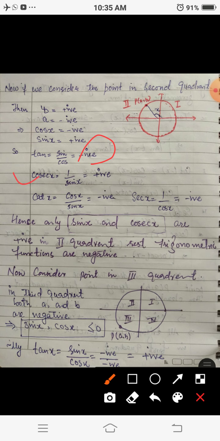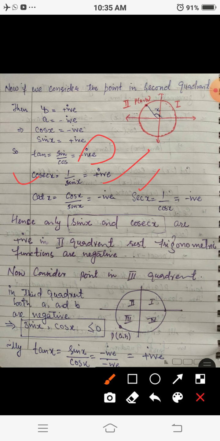Similarly for cosec, 1 upon sin is positive, hence cosec is also positive in the second quadrant. And cot is cos upon sin, the ratio of negative and positive is always negative, so it is negative. And sec equals 1 by cos is negative, hence sec is negative. So in the second quadrant only sin and cosec are positive, but the remaining 4 are negative.